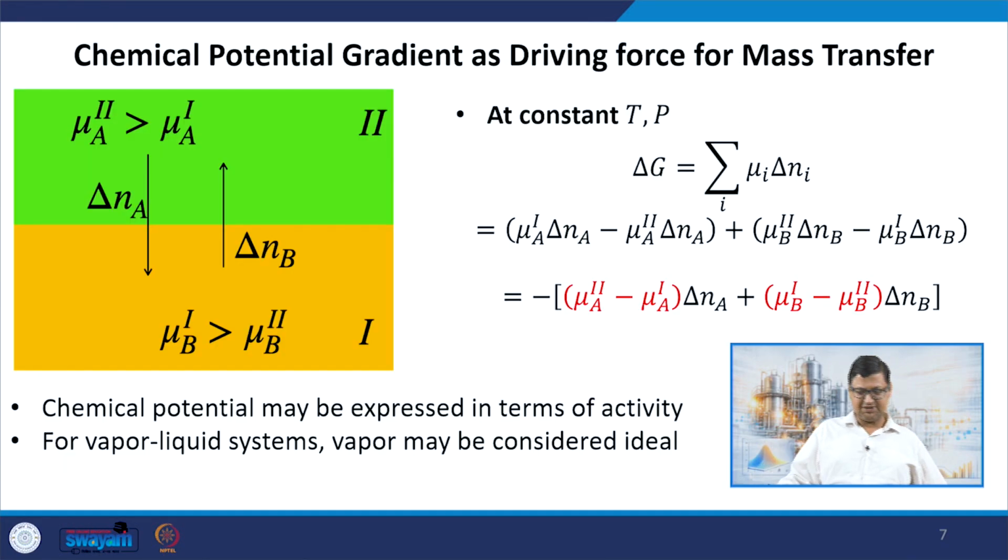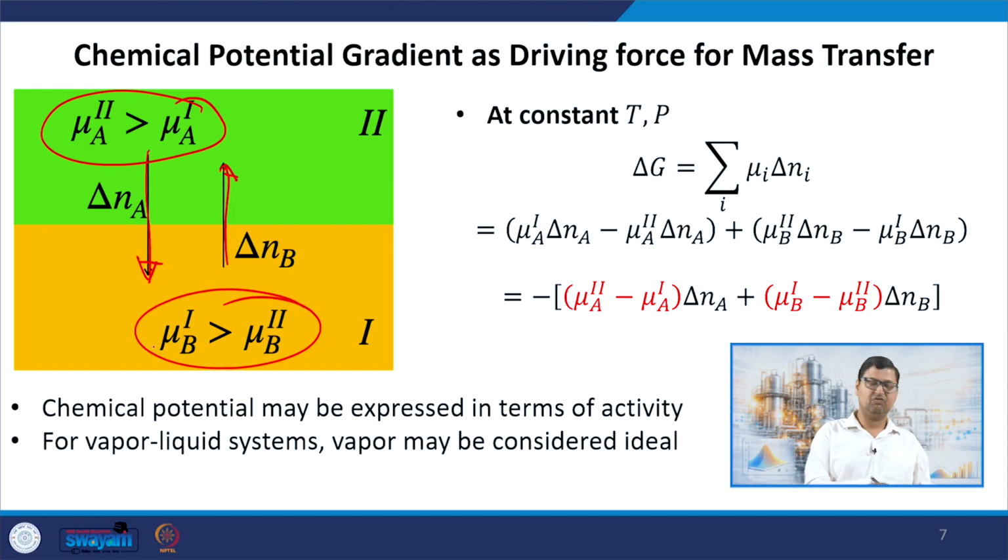And therefore, as we just said, we have defined chemical potential gradient as the actual driving force for the mass transfer. For example, if you have two phases 1 and 2, then if the chemical potential of A in phase 2 is higher than in phase 1, then A will go from phase 2 to phase 1, and vice versa for the component B if the chemical potential of B in phase 1 is higher than the chemical potential of B in phase 2.